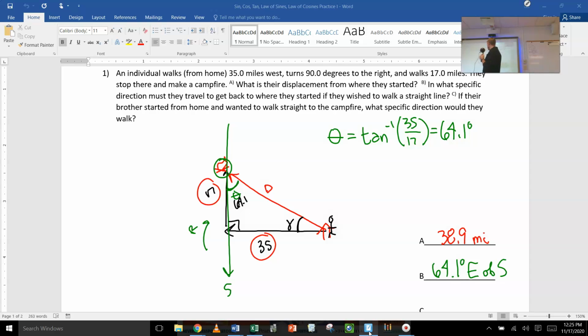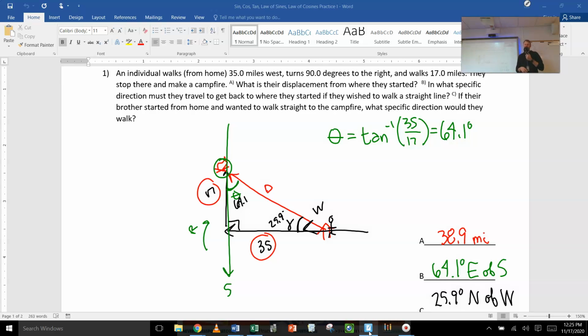So this is going to be 25.9 degrees. Now, for my brother, this direction is west. That's north of west.